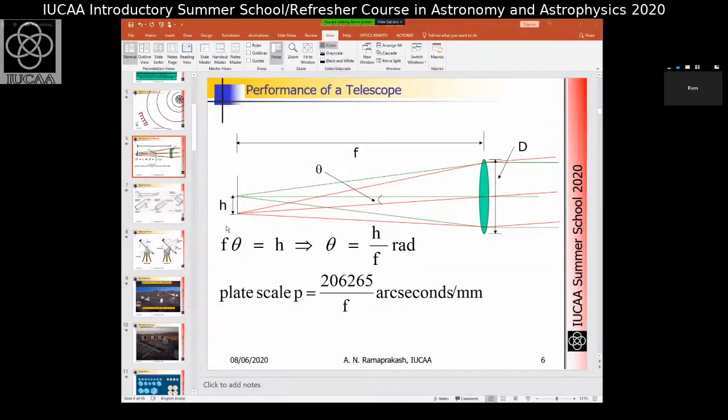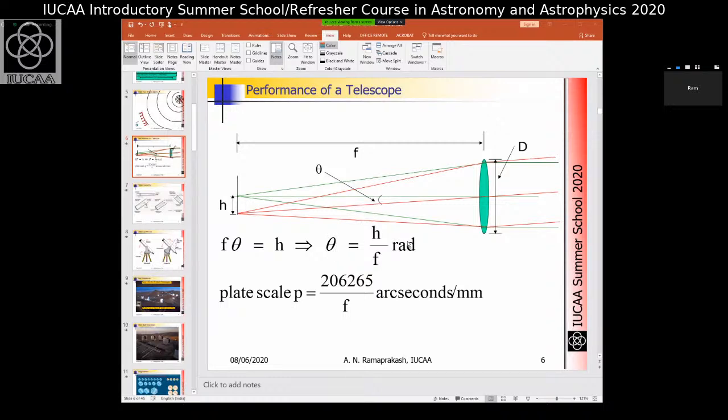So I hope you understood that F theta is equal to H. That is nothing but the distance times the angular size is equal to the linear size here. So F theta is equal to H. Now you can rewrite that as theta is equal to H by F in radians. So the angle here is equal to H by F in radians.